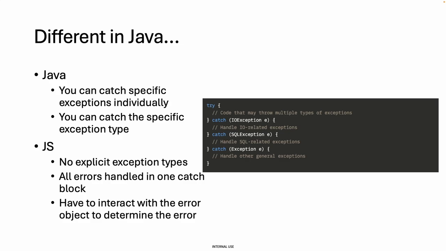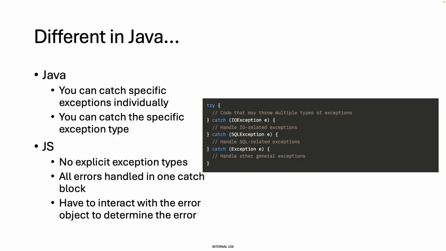So you can see on the right there, that screenshot, I have an IO exception. I have a SQL exception. I have just a general exception if none of those other ones are caught. So you can chain these together and you can stack the catch blocks up on top of each other.